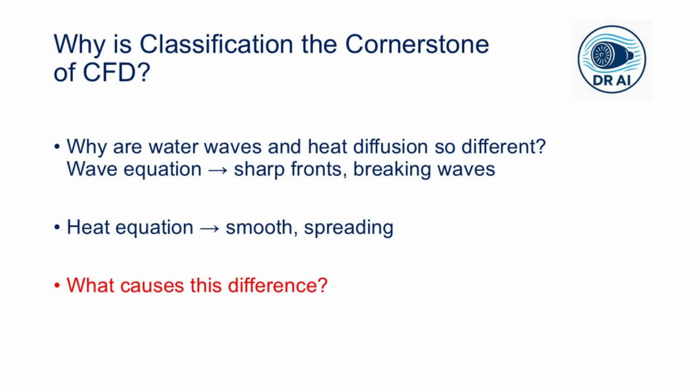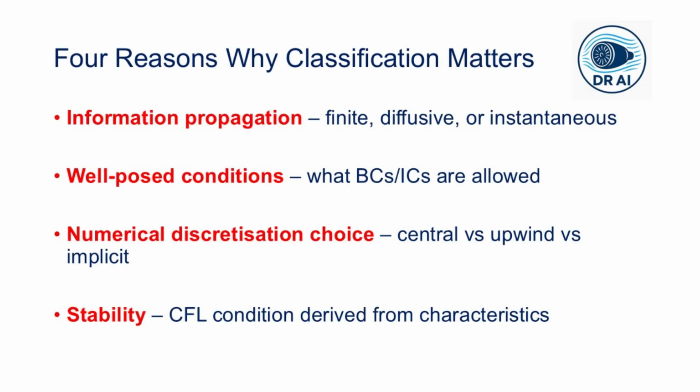That structure determines how information propagates in space, and it fundamentally determines how we should solve these equations on a computer. Now, first point, why is equation classification the bedrock of CFD? Many beginners focus on grid generation, discretization schemes, algebraic solvers.